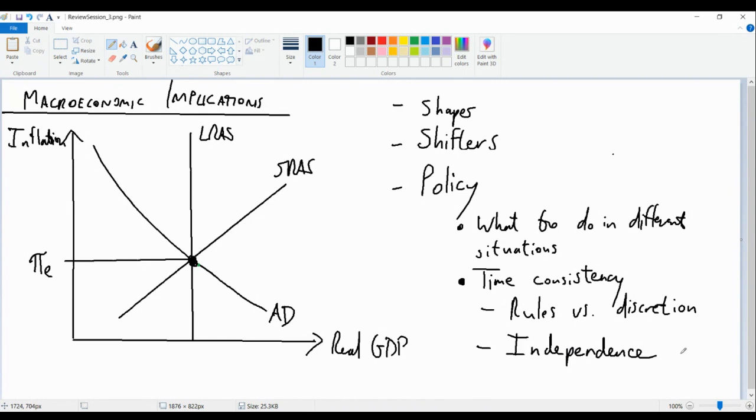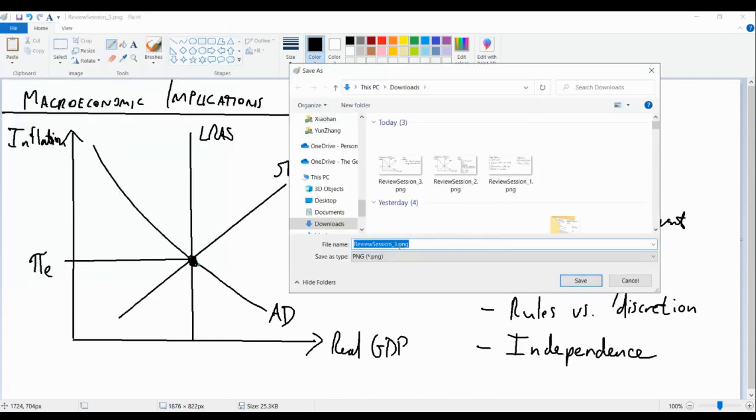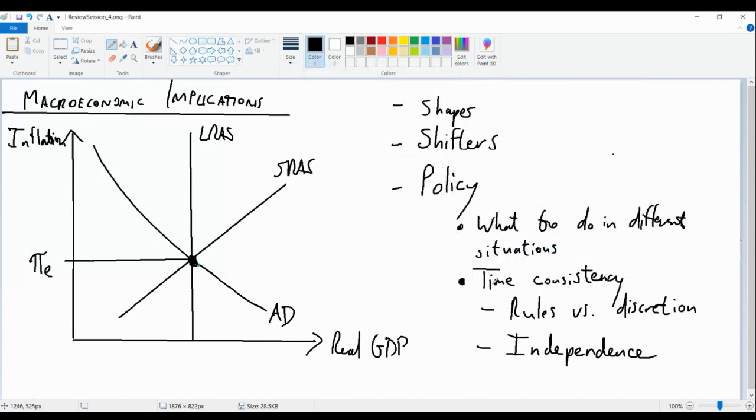Because the data do suggest that central banks that are independent not only seem to deliver lower inflation on average, but they also seem to deliver more stable macroeconomies on average, at least in the data that we looked at. Okay, so that's what we did so far.